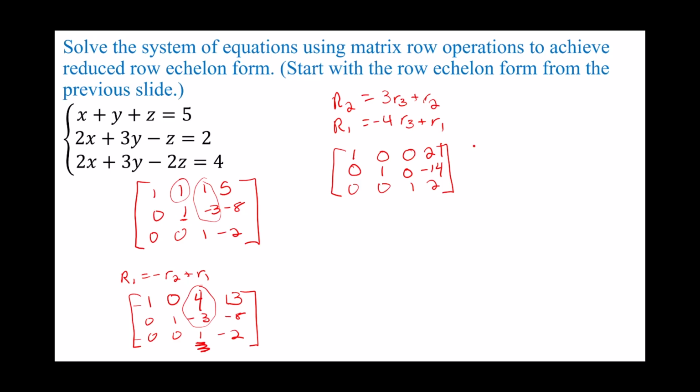And now the solution, if we write this as a system of equations, says x equals 21, y equals negative 14, and z equals negative 2, which is the same solution we got before. So either method works. We could put the matrix in row echelon form and do back substitution, or you can put the matrix in reduced row echelon form, and then you don't need to do any substitution. You just know that last column is your solution. Either way works.